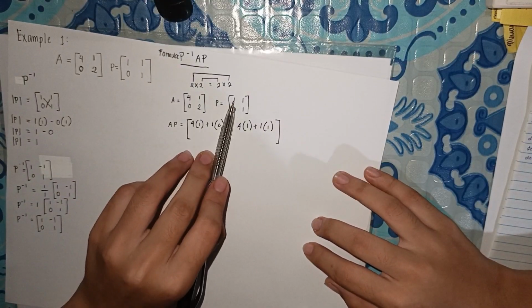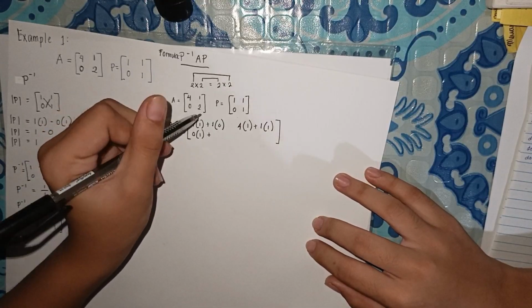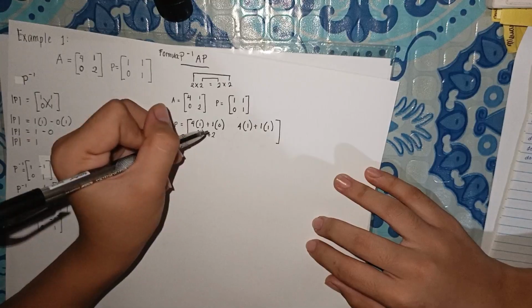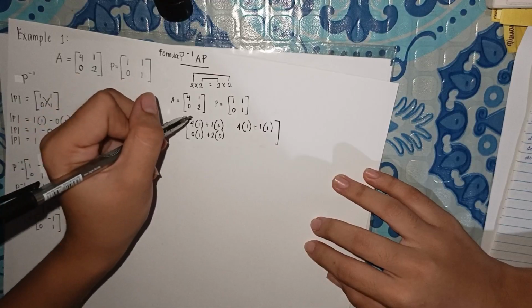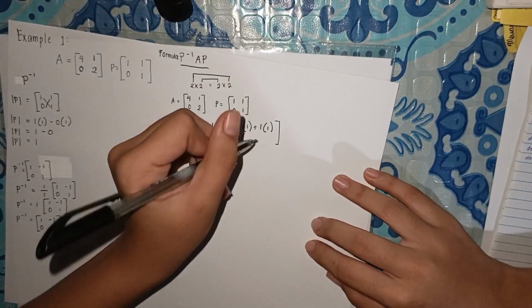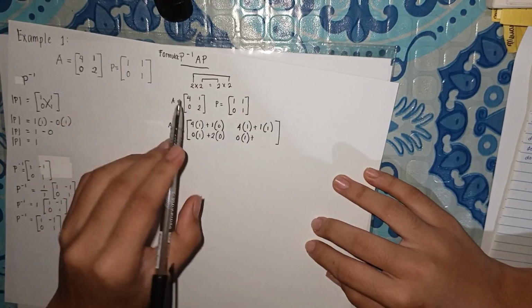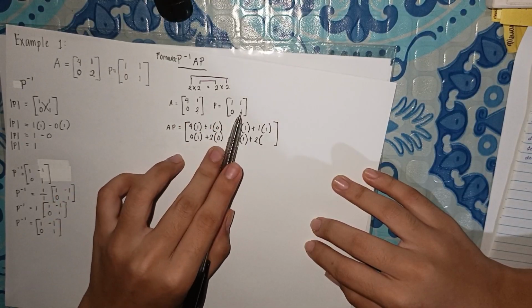So, 0 times 1 plus 2 times 0. Next, 0 times 1 plus 2 times 1.